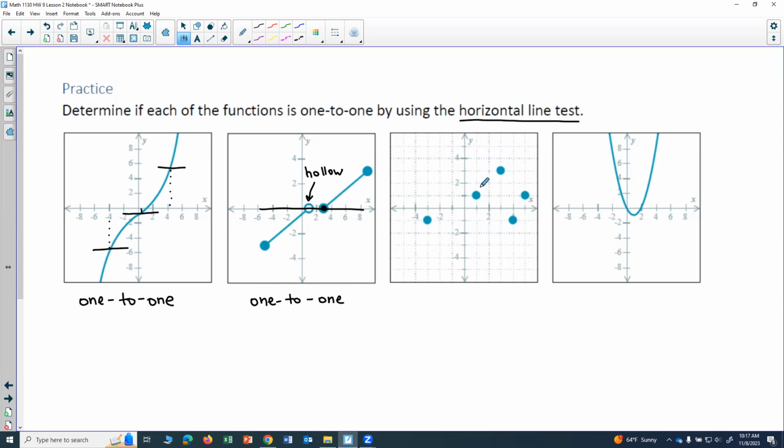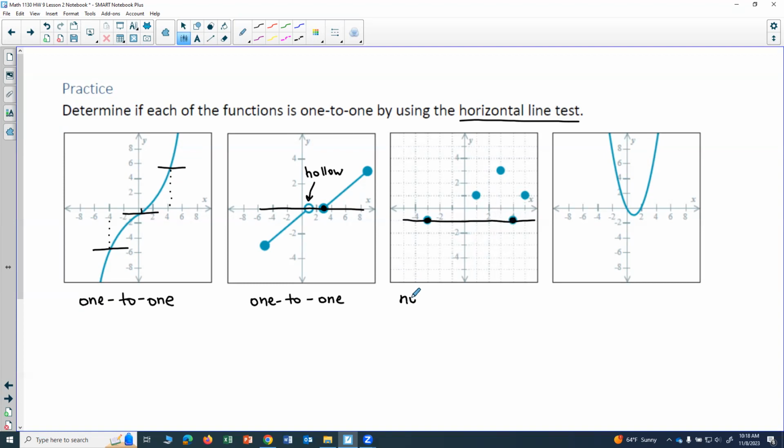All right, let's look at this discrete graph, meaning it's just a bunch of dots. So we want to know if it passes the horizontal line test. So I draw a horizontal line where I think I might have a problem, and I see that that horizontal line hits the graph, in this case, a discrete graph, a cluster of points. It hits the graph at two separate points.